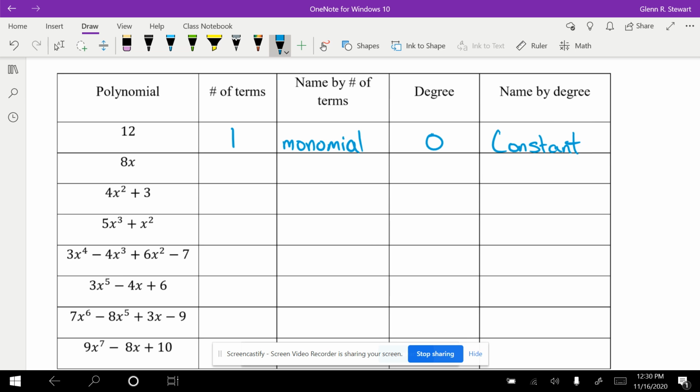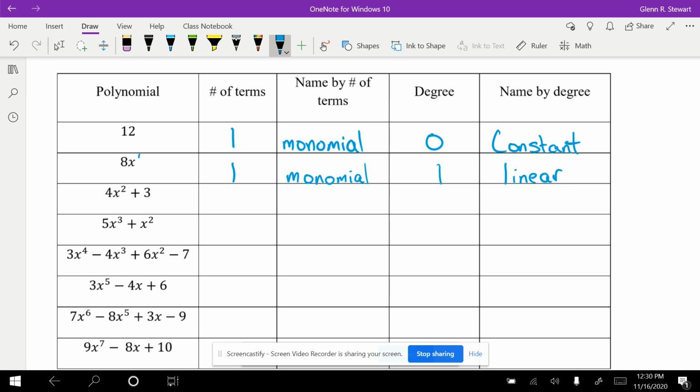The next one has one term. It is also called a monomial because it has one term. It has 1 degree because it has an x to the first, which we call linear. And I'm sure that you guys have probably all heard of what linear is before. It makes a straight line.